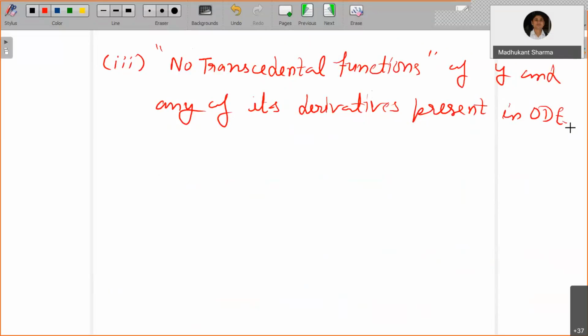So the third condition says there should be no transcendental function of y, like sine y, cos of y double dash, or tan of y dash, or e to the power y.